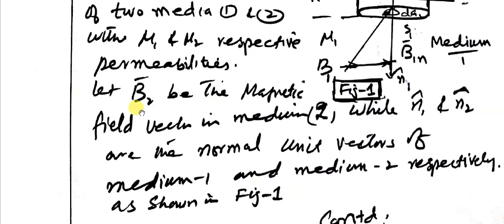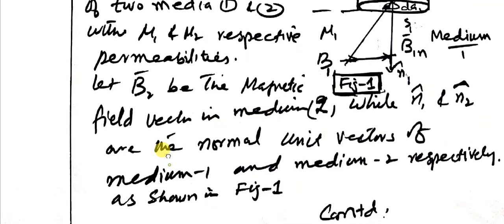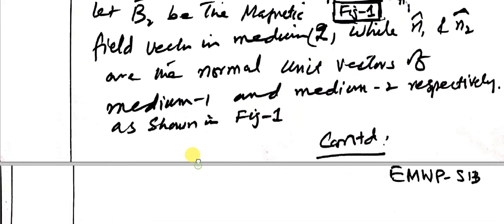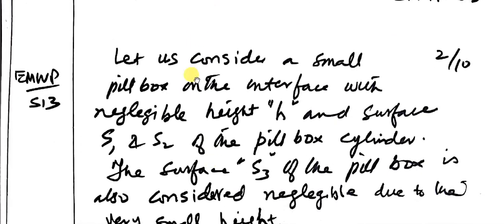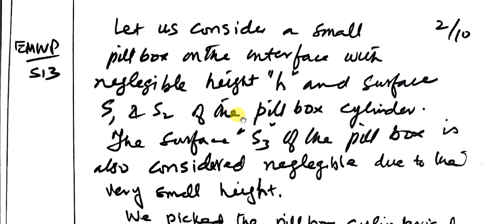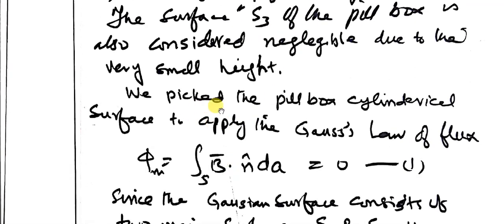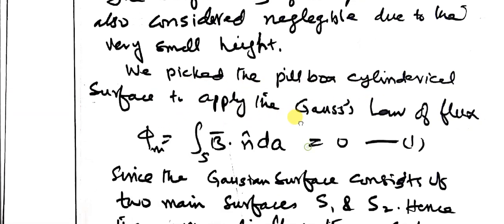Let B2 be the magnetic field vector in medium 2, while N1 and N2 are the unit normal vectors of medium 1 and medium 2 respectively, as shown in the figure. Let us now consider the small pillbox which I have already described. Now we pick the pillbox cylindrical surface to apply Gauss's law of flux.